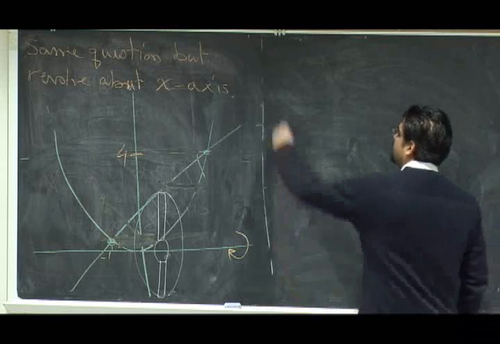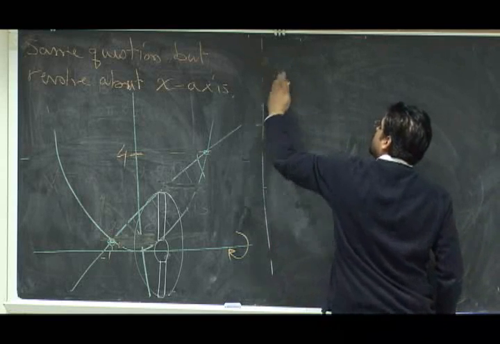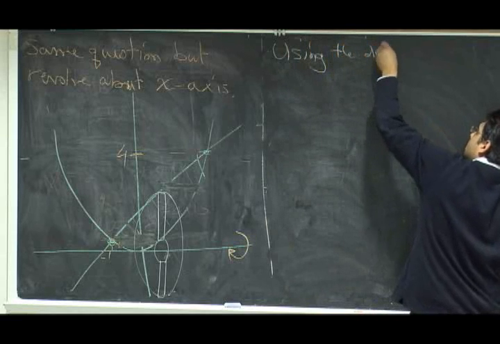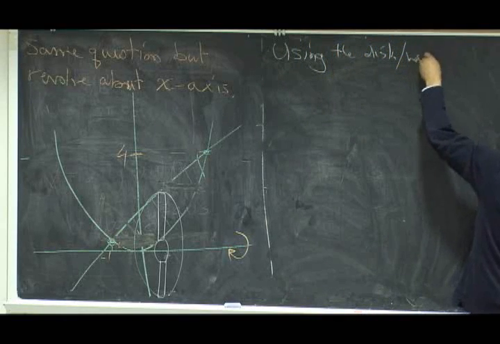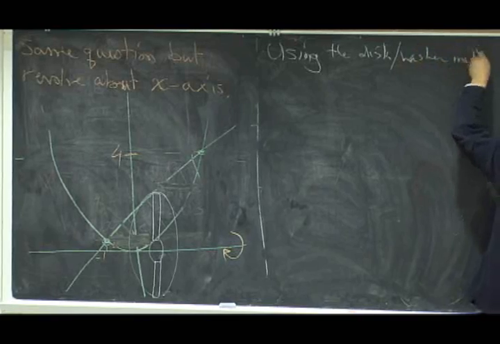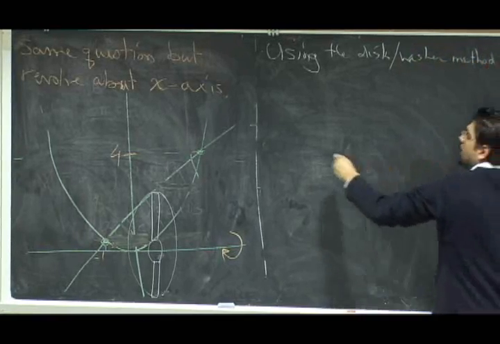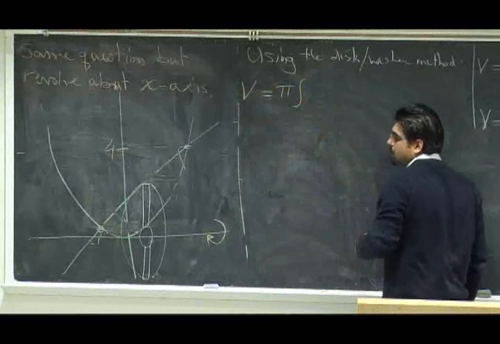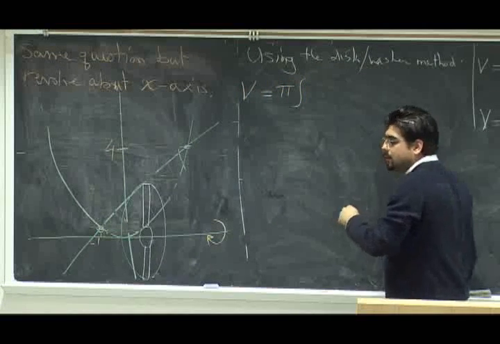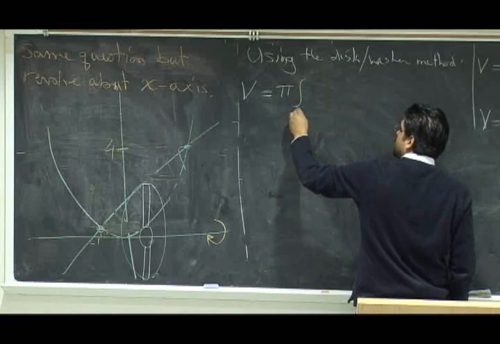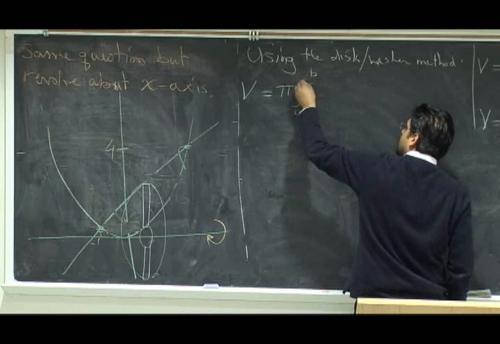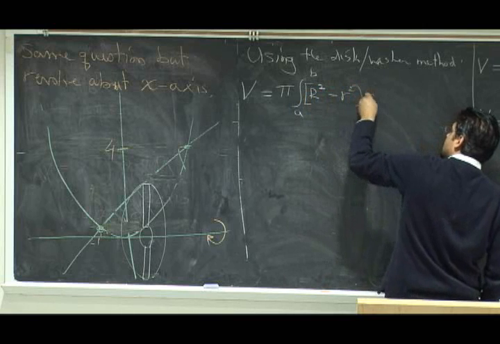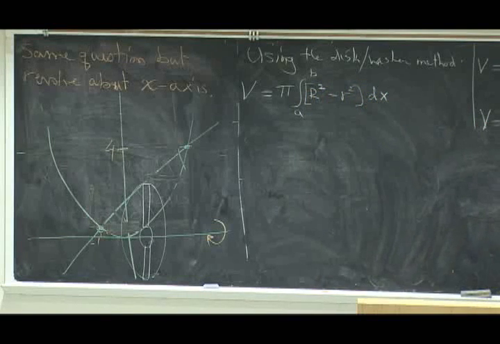All we have to figure out, let's write down what we're doing. Using this washer method, the volume now is pi r squared minus r squared. So just to remind you, this would be pi times the big R squared minus the little r squared dx, or dy.